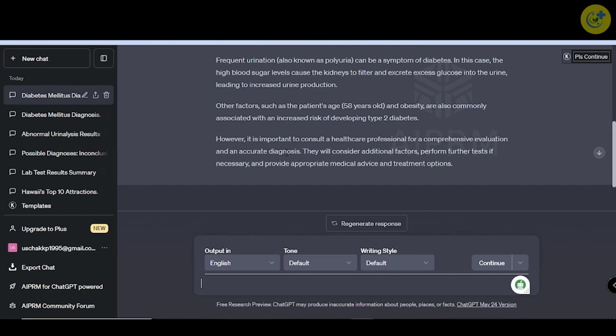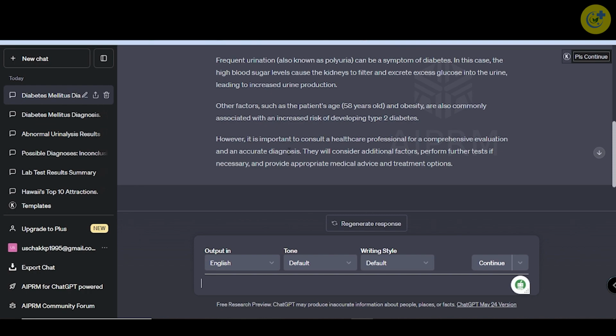This is a very important thing. I noticed that ChatGPT always mentions it is important to consult a healthcare professional for a comprehensive evaluation and accurate diagnosis. So you can get an idea and information from ChatGPT, but don't apply it 100% to your body, that means your healthy life.